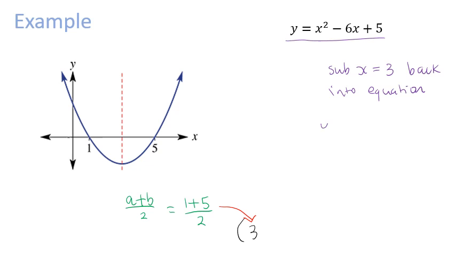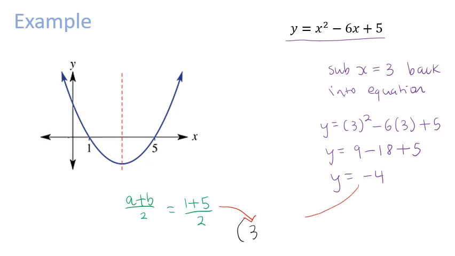So I'll have y equals, instead of writing x, I'm going to write 3. 3 squared minus 6 times 3 plus 5. y equals 9 minus 18 plus 5. So y equals negative 4. So that is then my y-coordinate. So negative 4. There's my turning point.